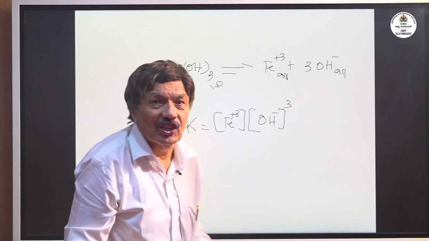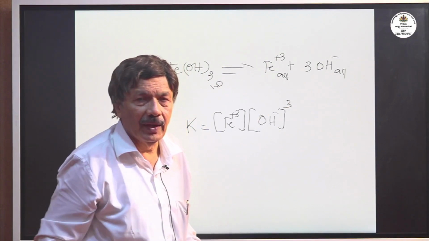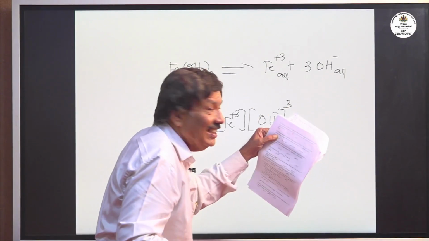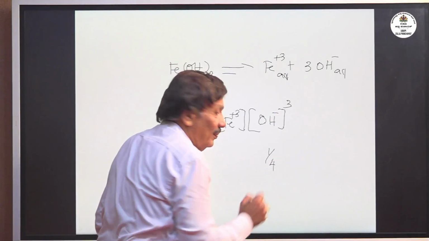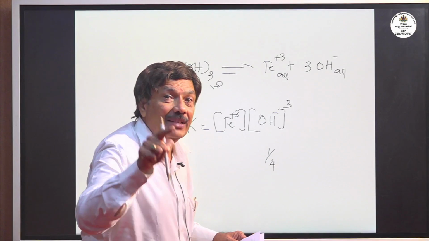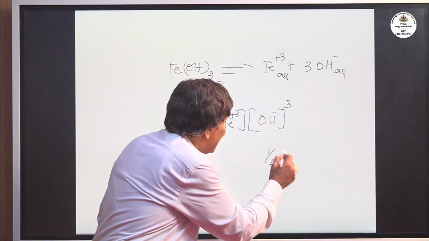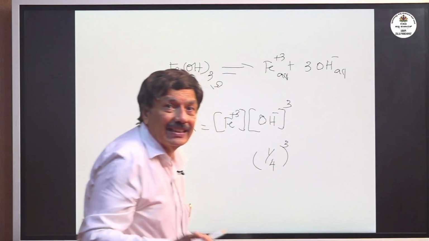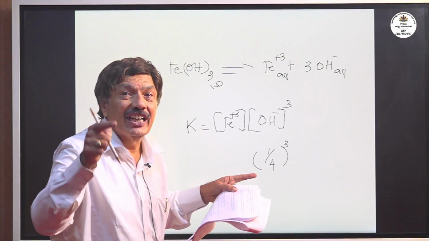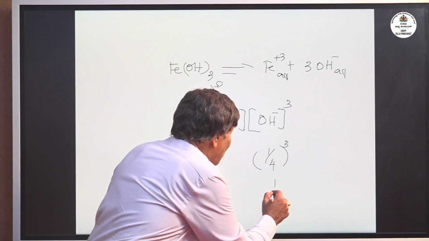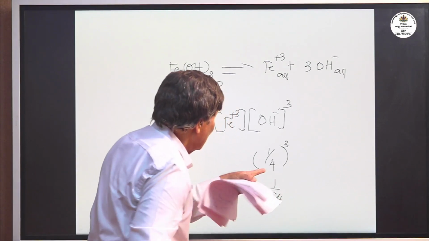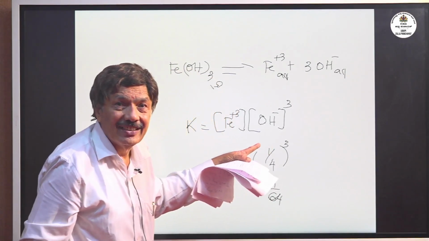A pure substance, solid or liquid, is left out. What they are telling is this concentration is reduced by 1 by 4. Since it is cubed, the factor by which K is reduced is 1 by 64. 4 cube is 64.